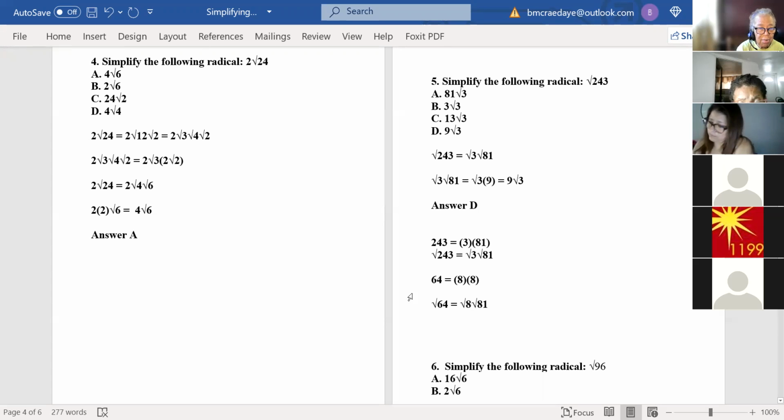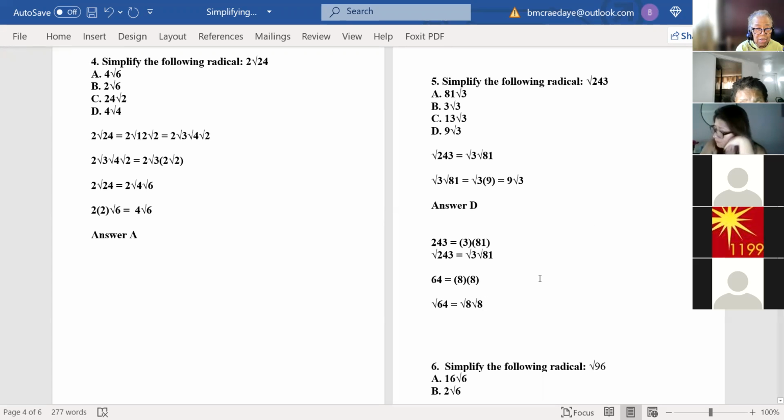You told me the factors of 64 are 8 and 8. Square root of 64 is what? Square root of 8 times what? So you're saying to factor it out, it would be square root of 8 times square root of 8.